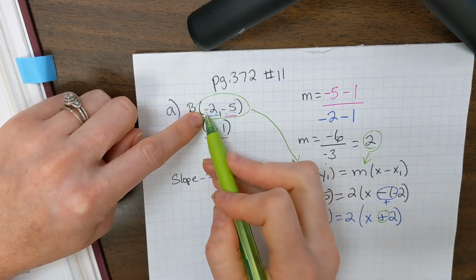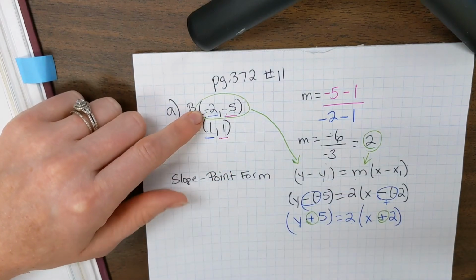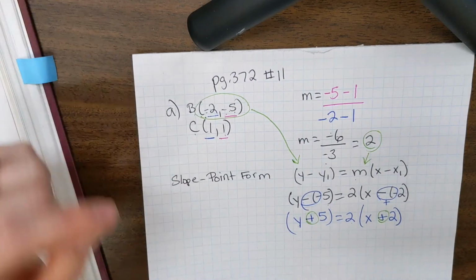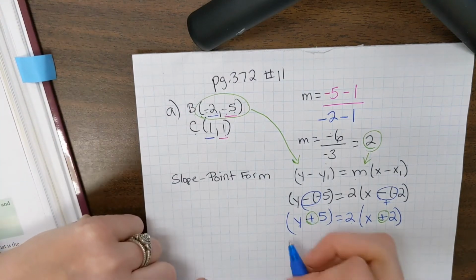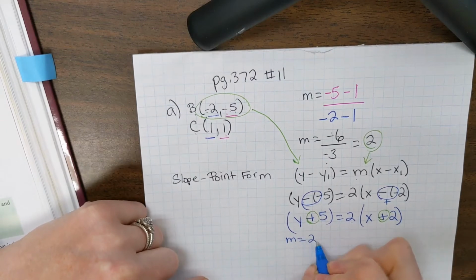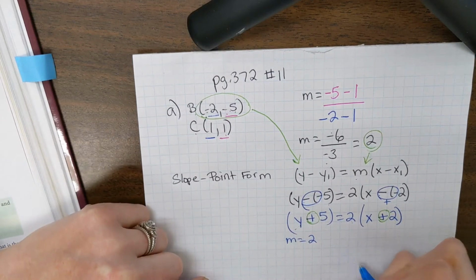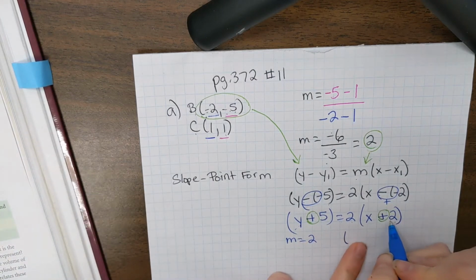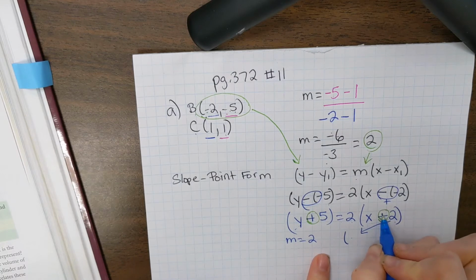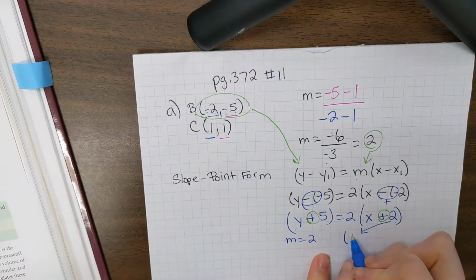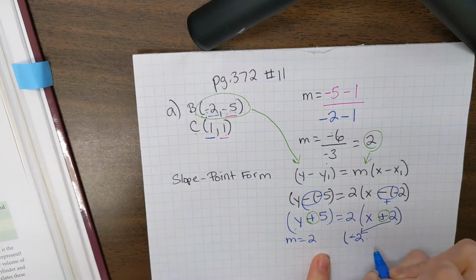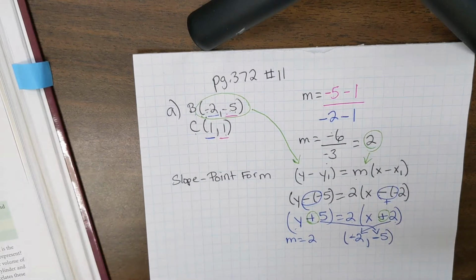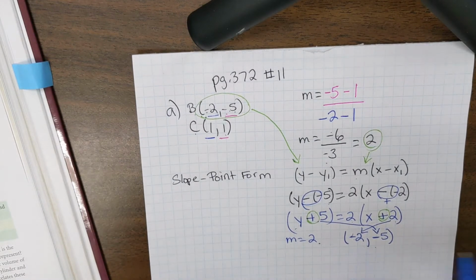Both of those coordinates were negative, -2 and -5. So if I were then to write, which was the question on Friday, what's the slope? Well, the slope is 2 from this equation. And what's a coordinate on this equation? Well, a coordinate would be making sure we have the x in the x spot. Since it's positive, the coordinate itself number is actually negative. And same thing here, putting our x's and y's into the coordinate.